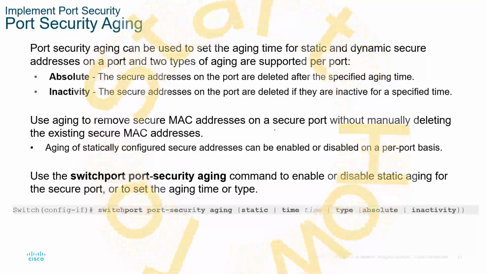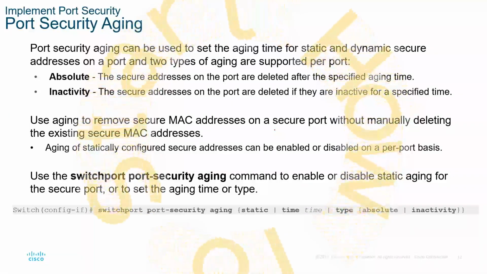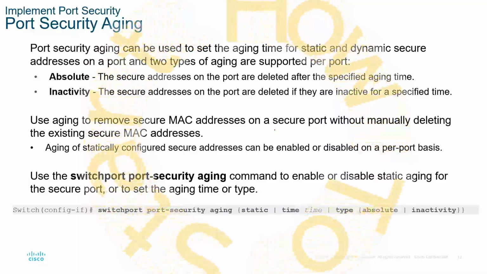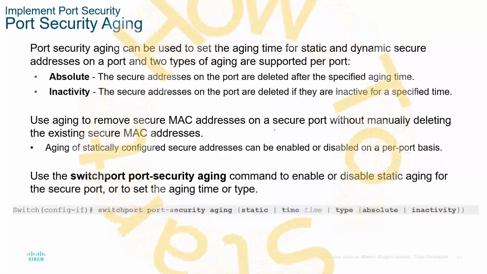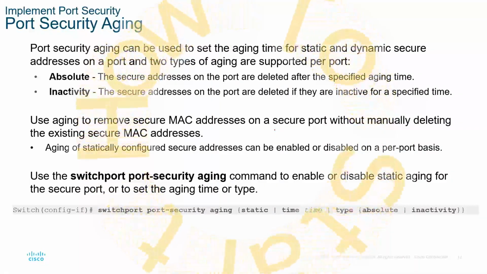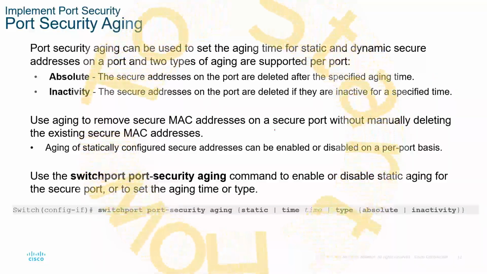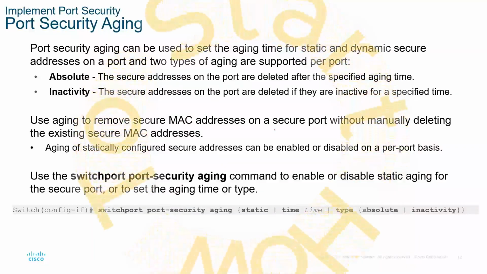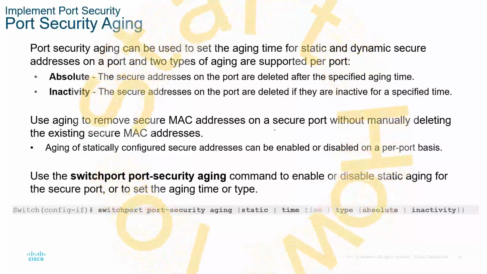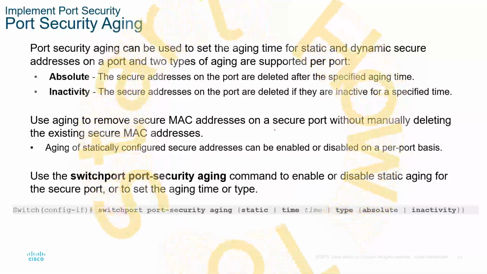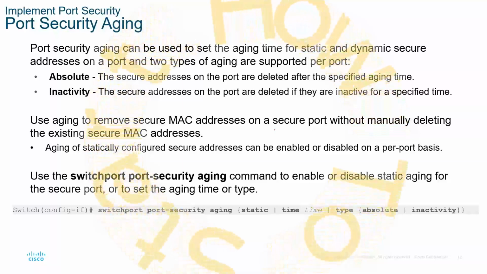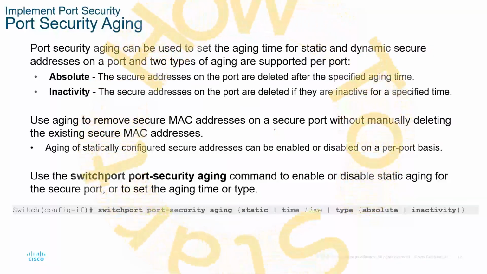How do we set our aging timer? Well, we'd go to the interface, switchport port-security aging, and we can either do a static or a time. With that, we could do time based off of the absolute time or the inactivity time. And from there, we can see what we're trying to accomplish.